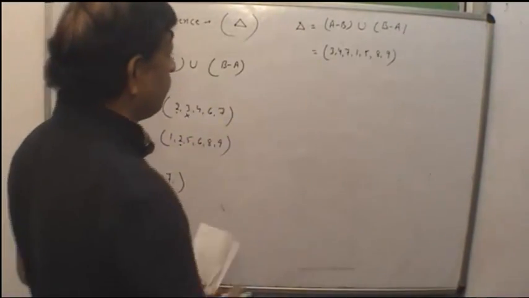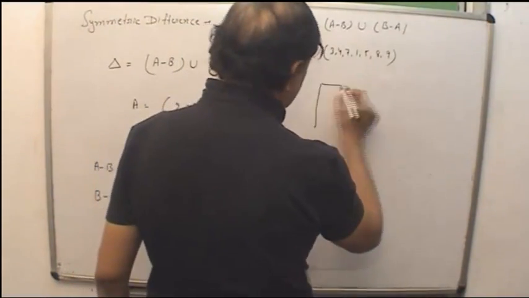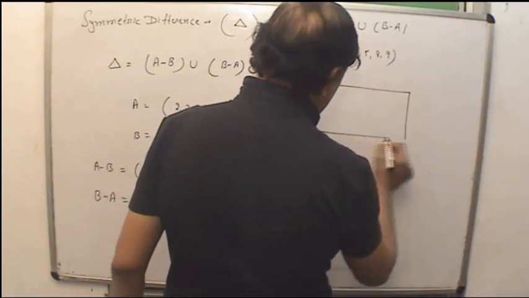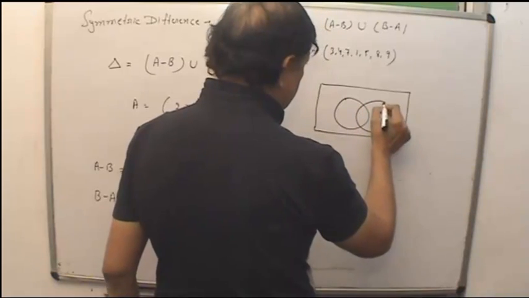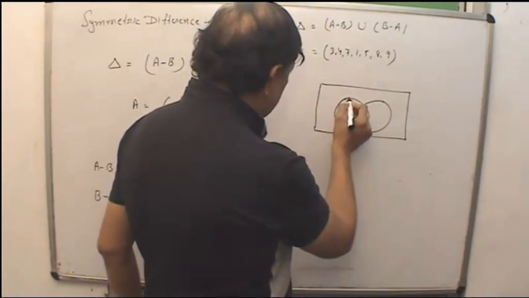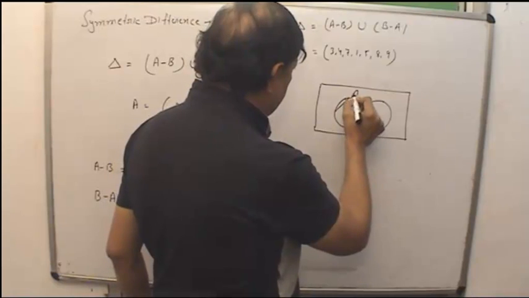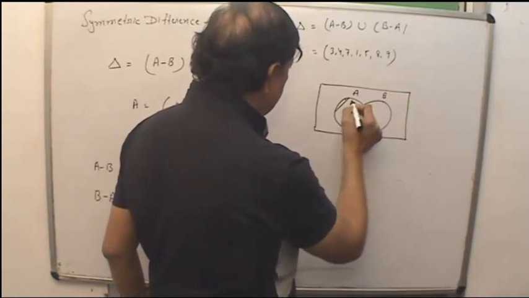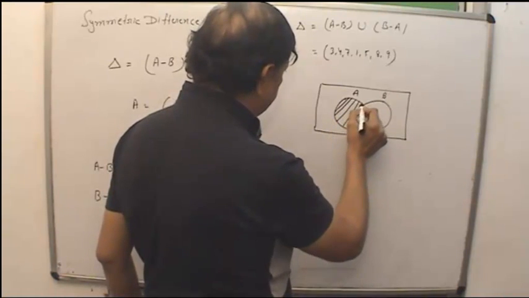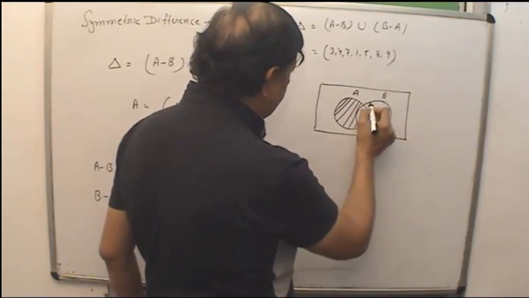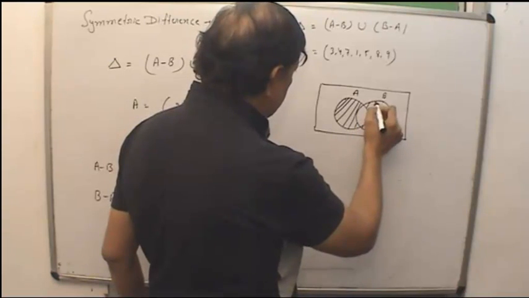That is, how do we draw the Venn diagram for this? First set, second set, that is, we say it is A and B, then A, and we leave the intersecting portion.